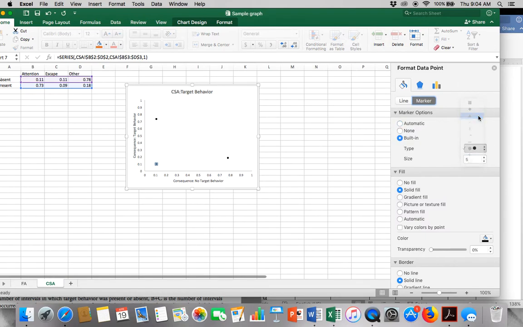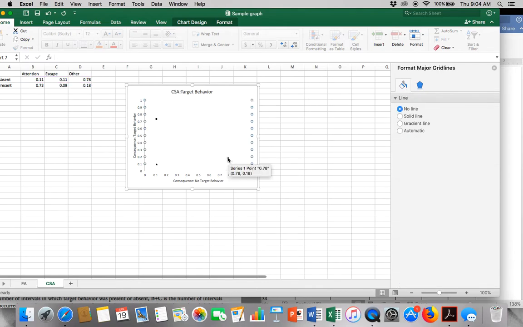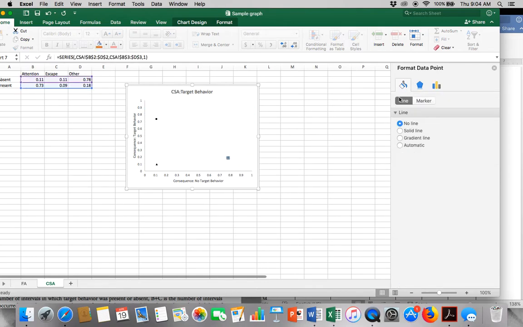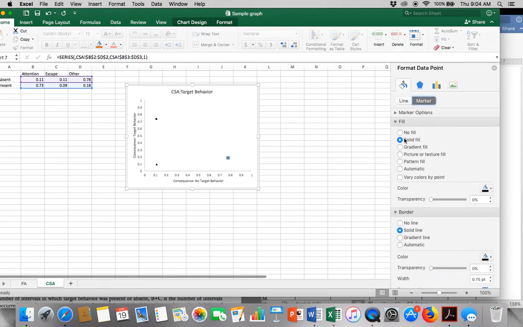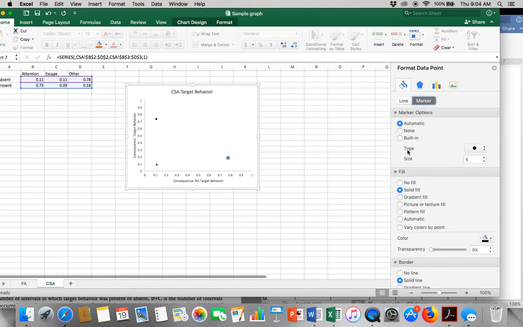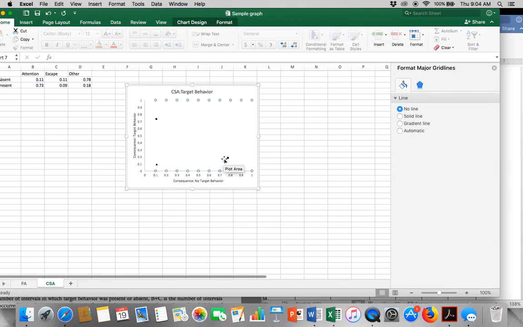Built-in. There we go. I didn't click on built-in. That was the problem. All right. Anyway, marker, built-in, and we'll go with square. And if you want to, you can make these a little bit bigger if you feel they're a little too small for your graph.